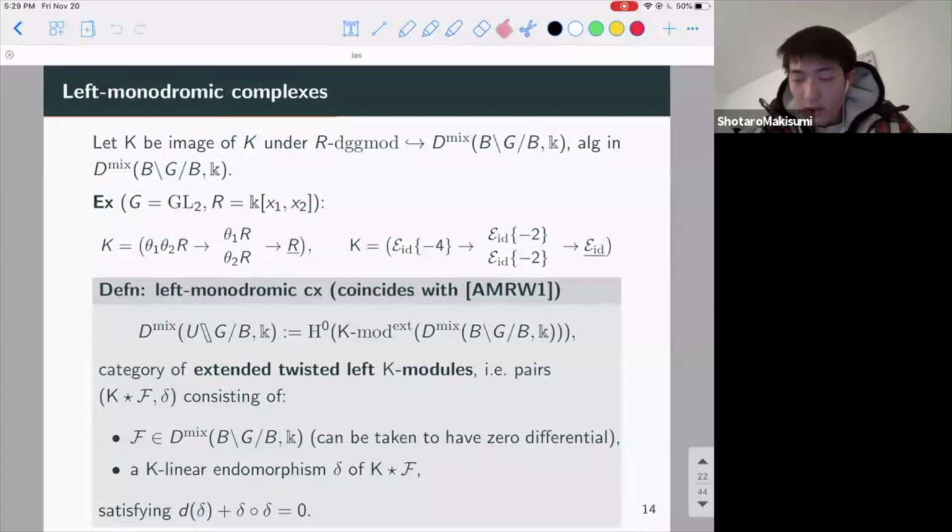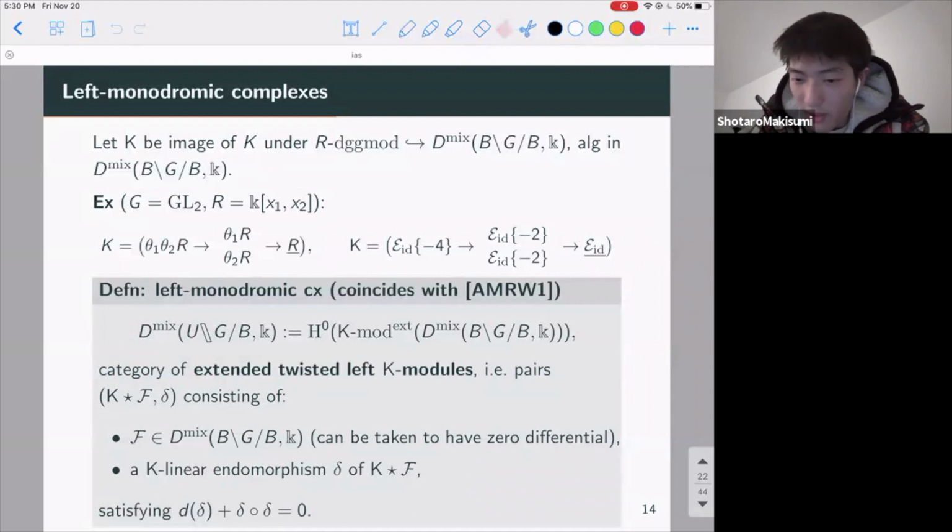Now, there was a definition in AMRW called left monodromic complexes. And it had this funny notation where instead of writing UGB, remember D mix UGB would just be a complex of B-constructible parity complexes on the flag variety, but now I put some fat backslash. And it turns out that one can reinterpret that definition as an extended twisted module over this Koszul complex.